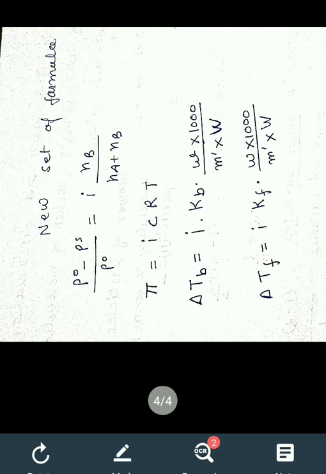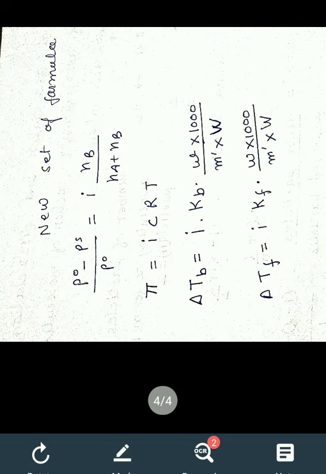Delta Tb is equal to i Kb into molality, that will remain the same. And for freezing point also, you will incorporate the value of van't Hoff factor in the formula. Now this should be mandatory in all the cases, as at times we don't pay attention to the number of particles being associated or dissociated, and since the value of i is not known or it is not incorporated in the formula, our calculations may go wrong.